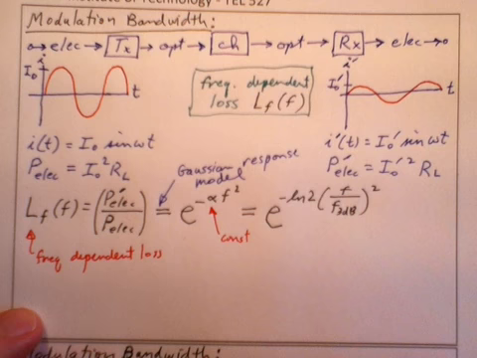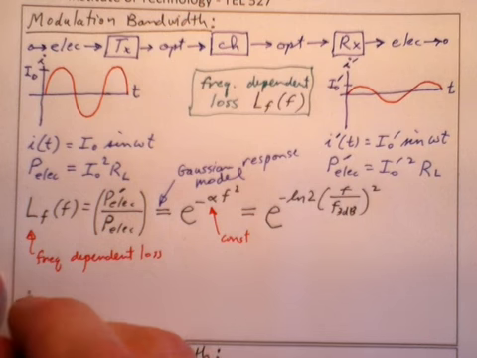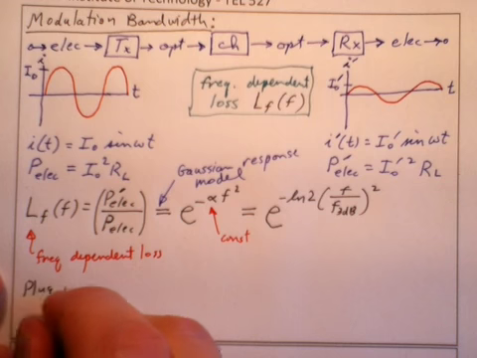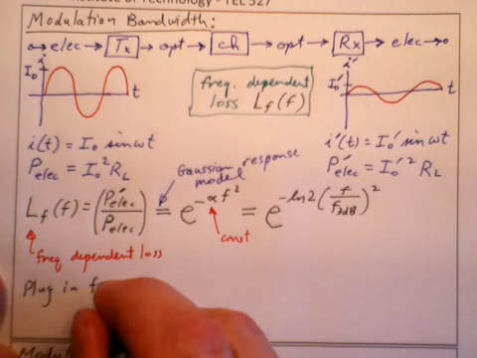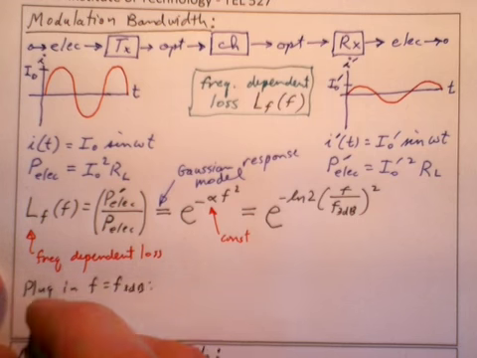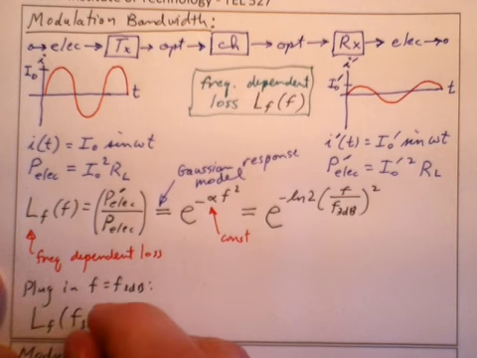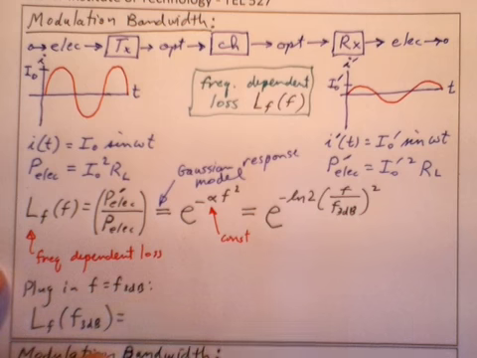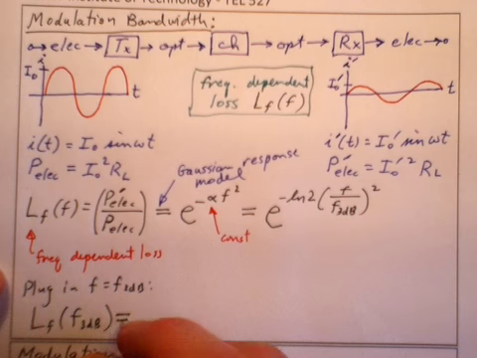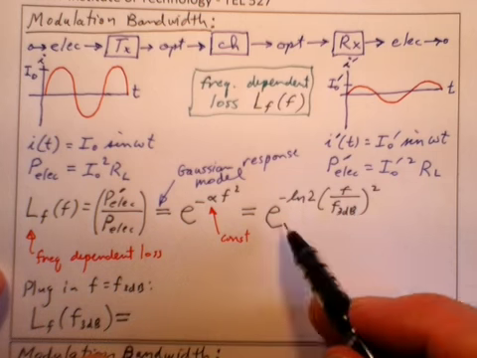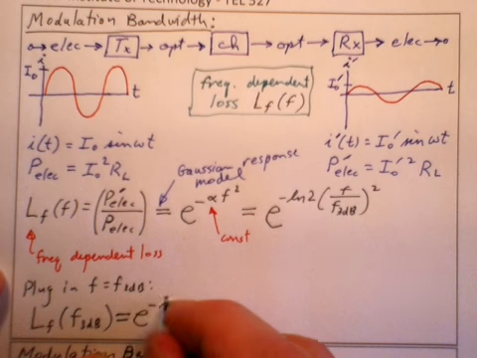Let's plug in f equal to f 3 dB, and we get L sub f evaluated at f 3 dB is equal to e to the minus ln 2, which is 1/2.